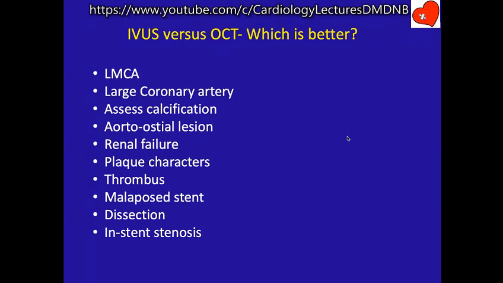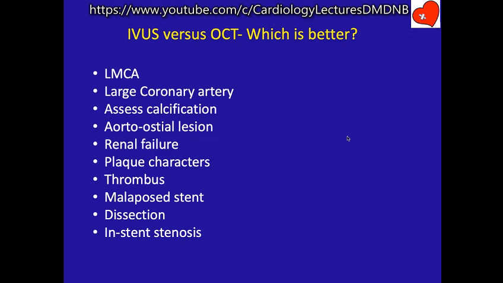Only then will you be able to replace the blood with saline. In an osteal lesion, you can't engage the guiding catheter. Am I right? Yes, sir. So in an aorto-osteal lesion, you cannot use OCT because you cannot get a clear lumen. Okay, go on.